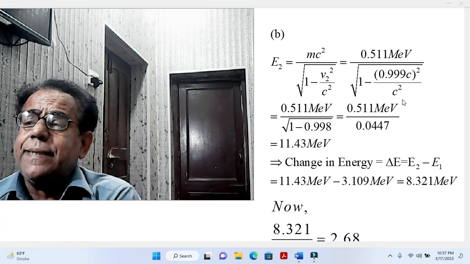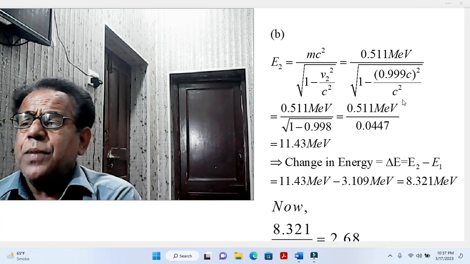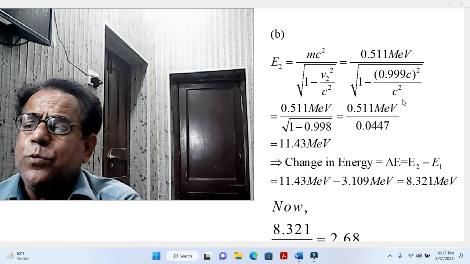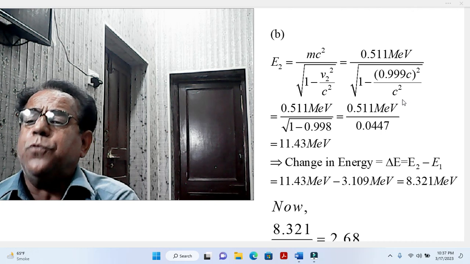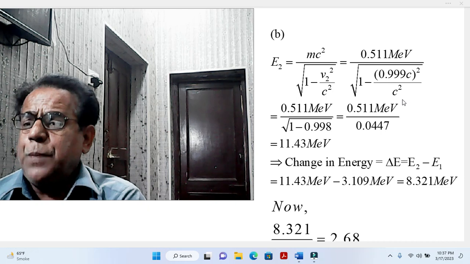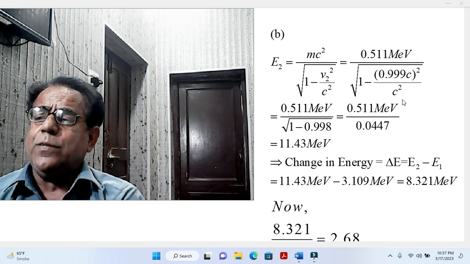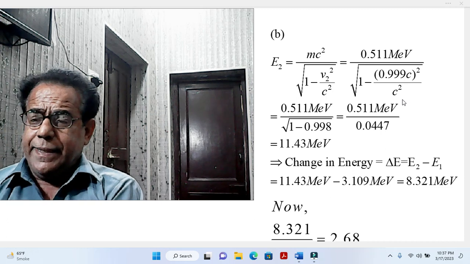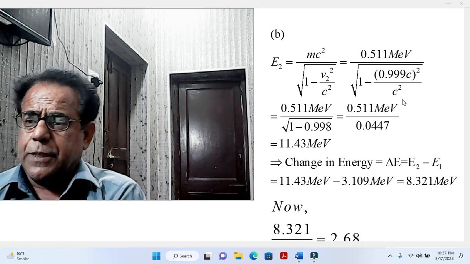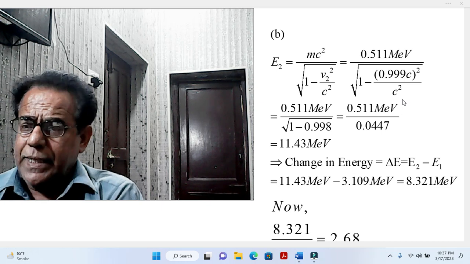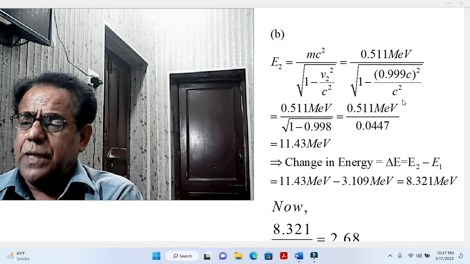Hence in the next step we will divide 0.511 by 0.0447, and hence we will get E2 equal to 11.43 million electron volt. This implies that the change in energy, delta E, is equal to E2 minus E1, which is 11.43 million electron volt minus 3.109 million electron volt.